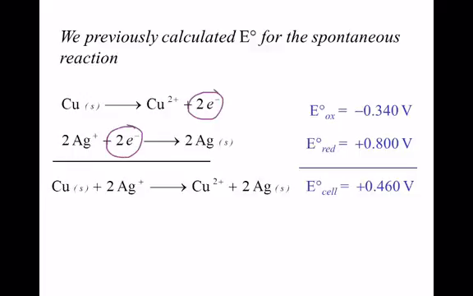So with 1 mole of copper forming 1 mole of copper 2 plus, if you create 2 electrons, those 2 need to be consumed. That's why we bump up our silver to 2 silver ions, taking 2 electrons to form 2 silver solids. So that's why it's 2.